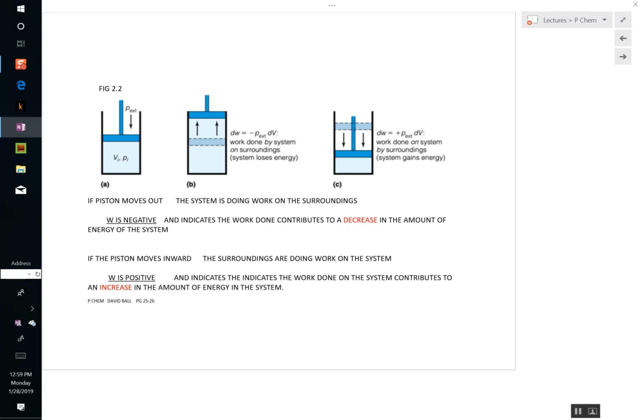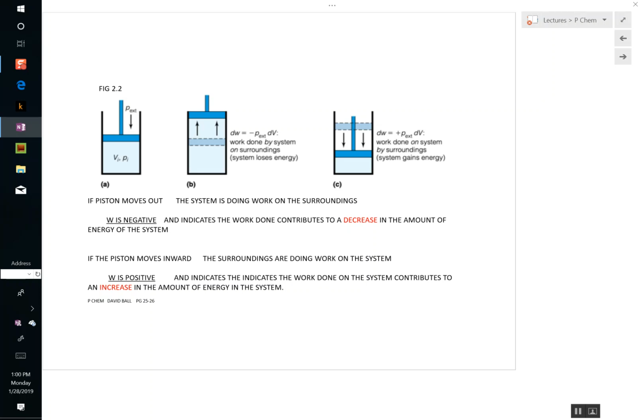Figure 2.2. So if a piston moves out, we've got this frictionless piston, and there's an external pressure pushing on a certain volume of gas at a certain pressure.